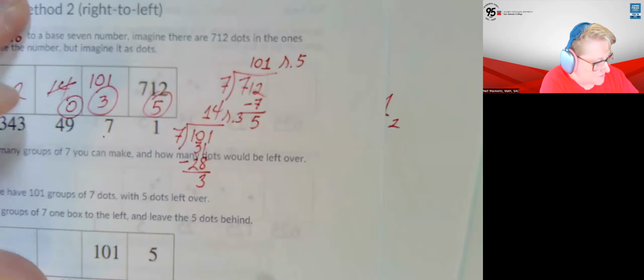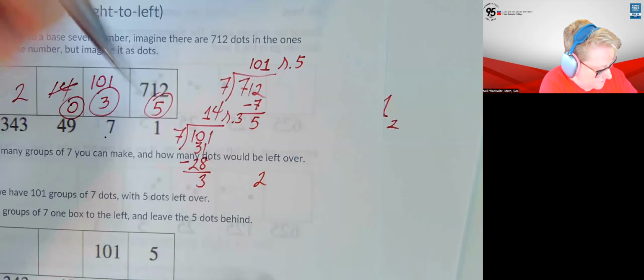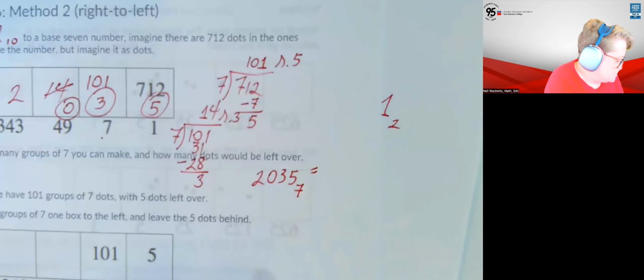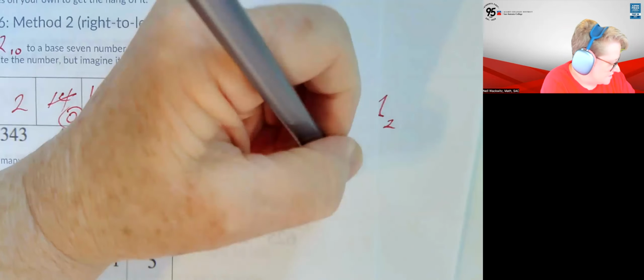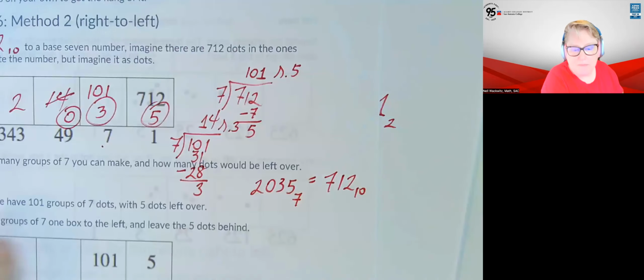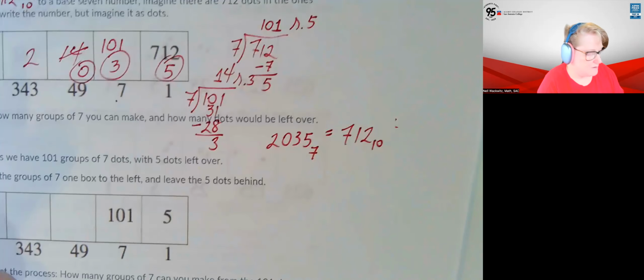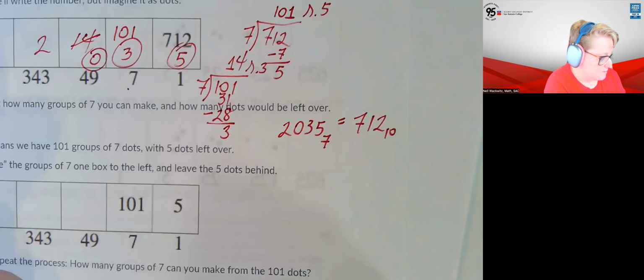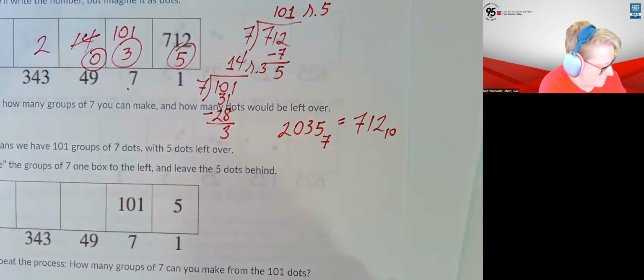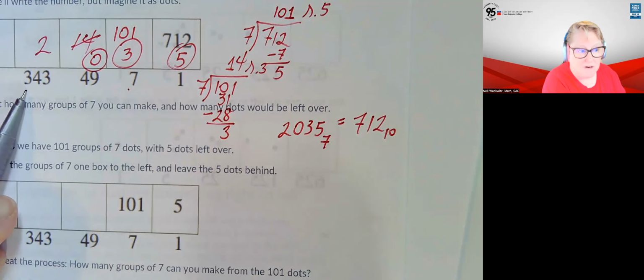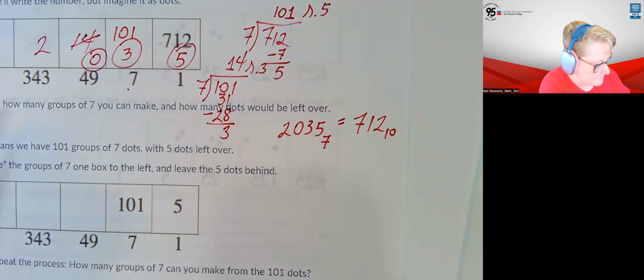Let's do it the other way. So we have 2, 0, 3, 5 base 7 is equivalent to 712 base 10. So if we do it by powers, we subtract off the top, then they're helping us out here. 7 to the 3rd power is 343.